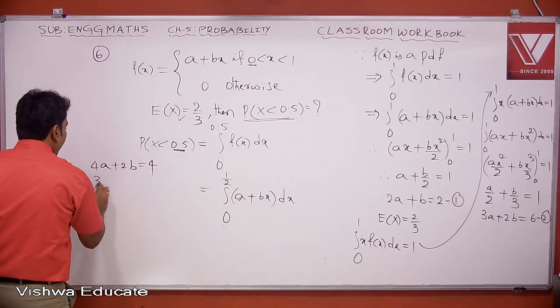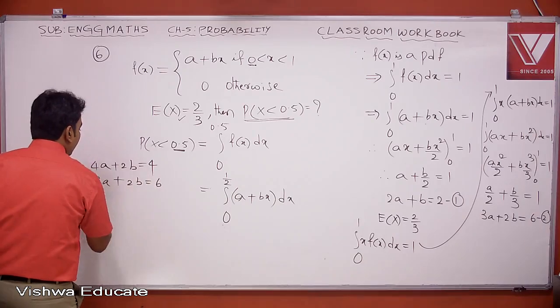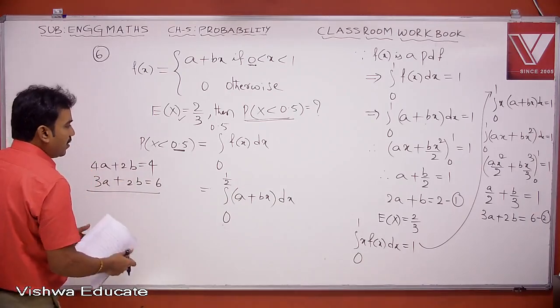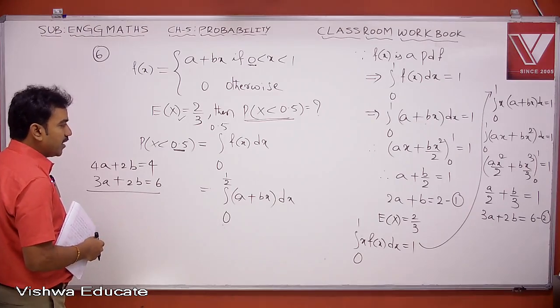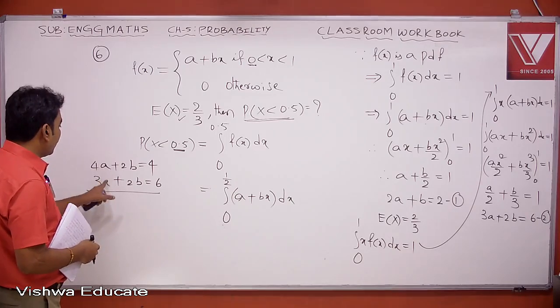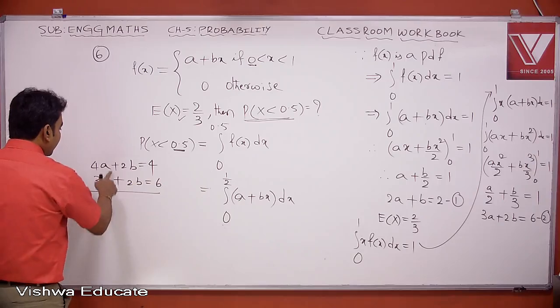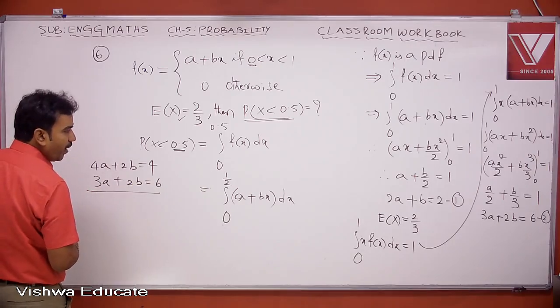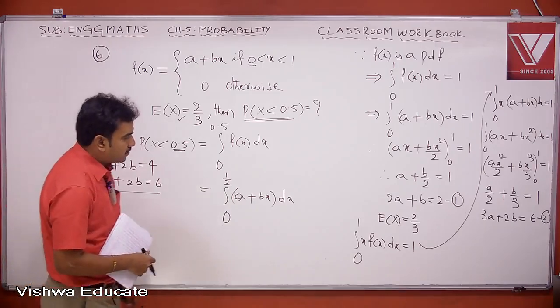Second equation is 3a plus 2b equal to 6. So, subtract these values. Therefore, when you subtract this, the value of a seems to be minus 2. Let us verify calculation once again.